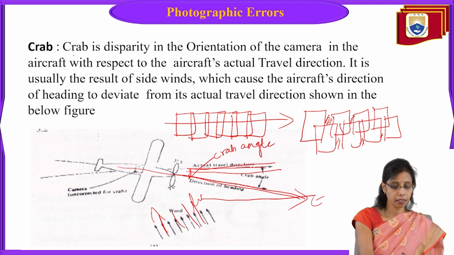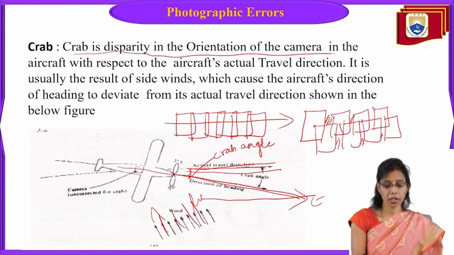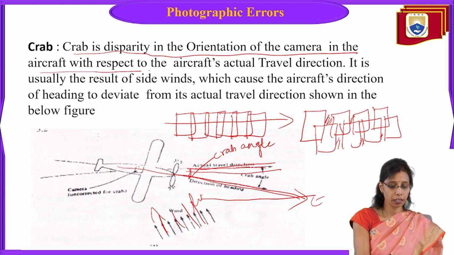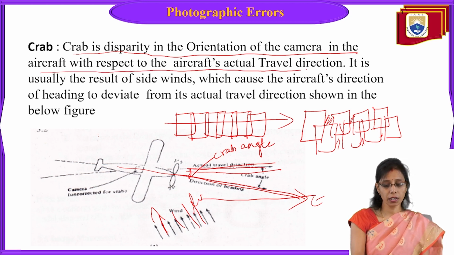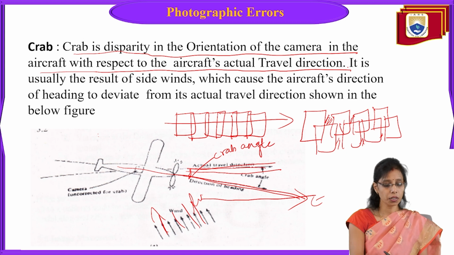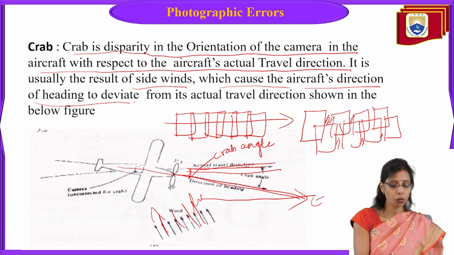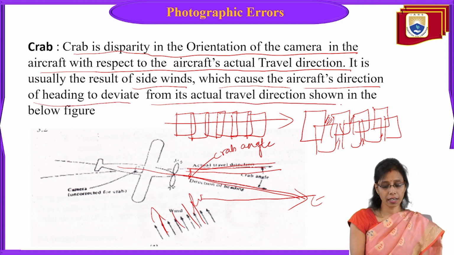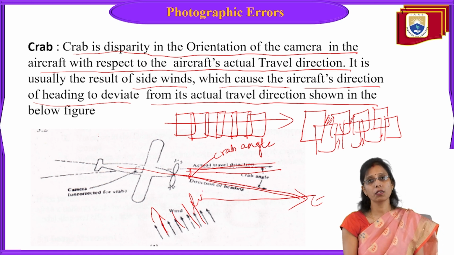So let us understand here. Crab is a disparity in the orientation of the camera in the aircraft with respect to the aircraft's actual travel direction. It is usually the result of side winds, which cause the aircraft's direction of heading to deviate from its actual travel direction shown in the figure. So it will deviate from the actual flight line direction.